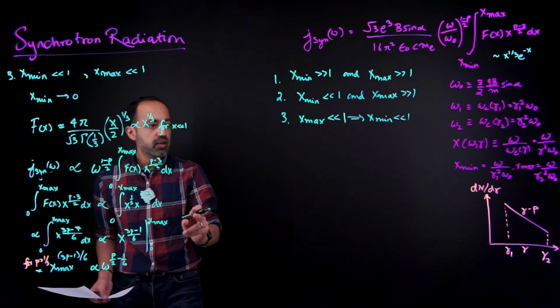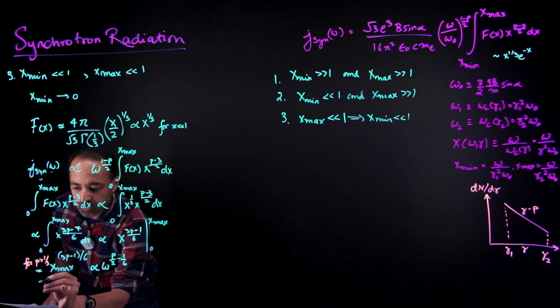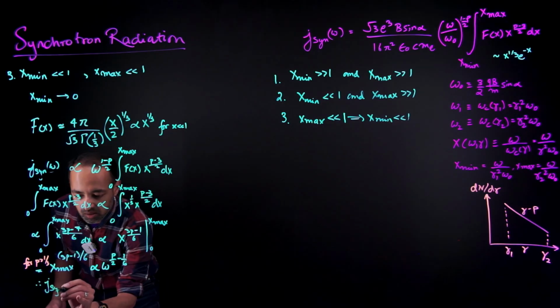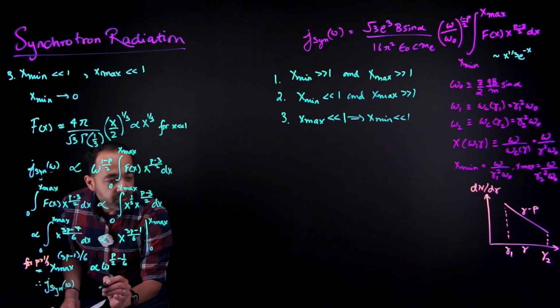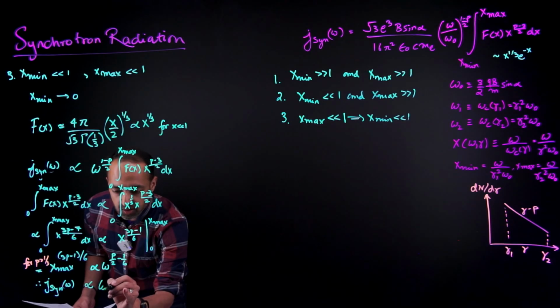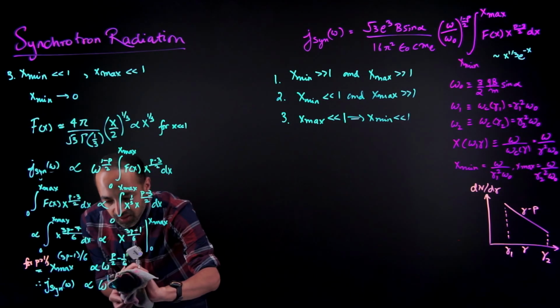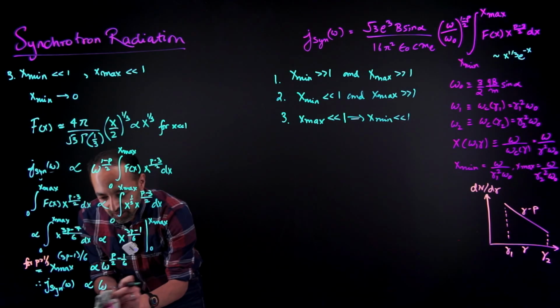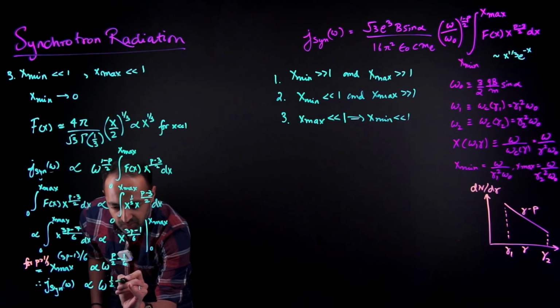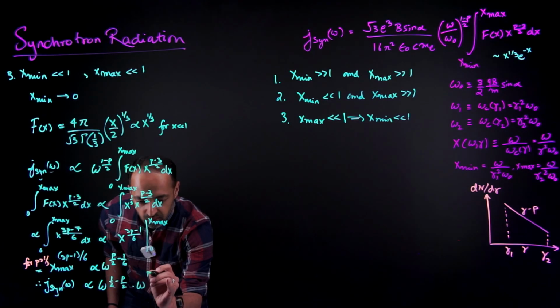And then our j sin of omega, which is over here. So our j sin of omega is proportional to, so there's an omega to the 1 minus p over 2, or actually, just for fun, let me write this as omega to the power of 1 over 2 minus p over 2 times this thing we just got from the integral, omega to the p over 2 minus 1 over 6.